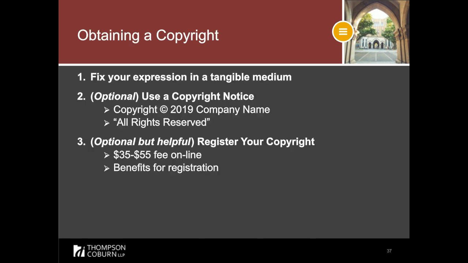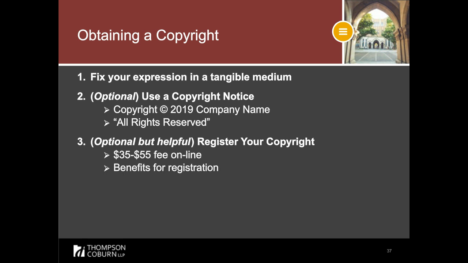So how do you obtain a copyright registration? Again, it's pretty simple. If you just put your idea or your expression into a tangible medium, so if, for example, you write a poem or take a photograph or write a book, that is protected by copyright from the time you put it into that medium.